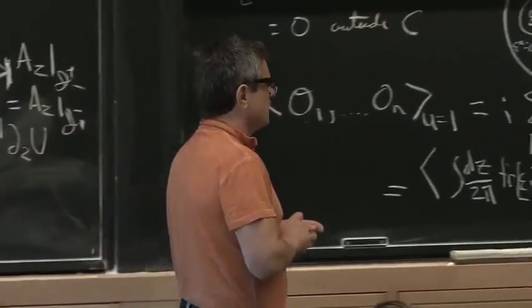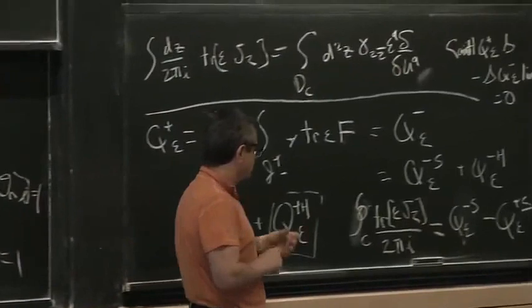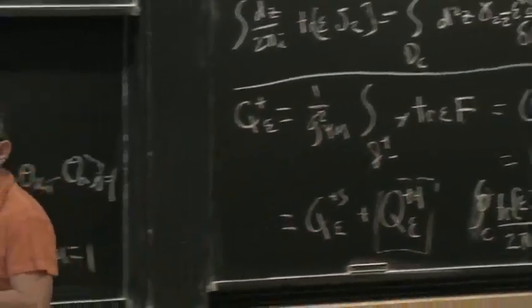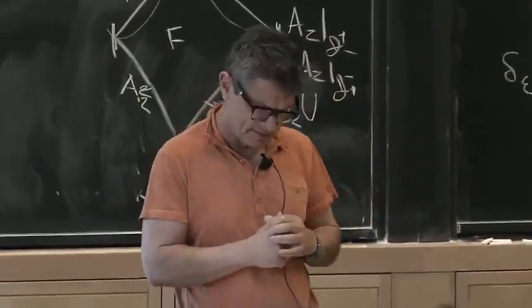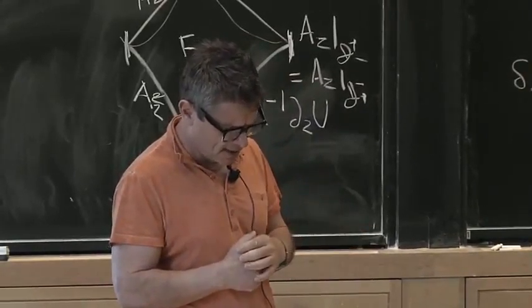That soft limit turns out not to commute, and that's indicative of some more structure that we haven't fully understood. There are comments about it in some papers. As I said, there are loop corrections.